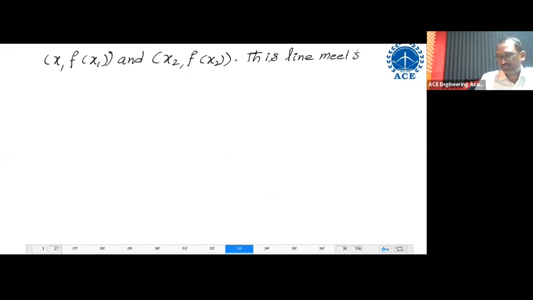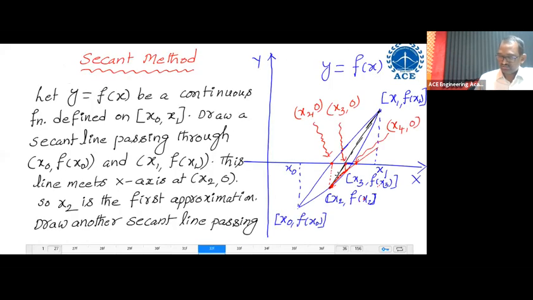This line meets the x-axis at x3 comma 0. So x3 is the second approximation.